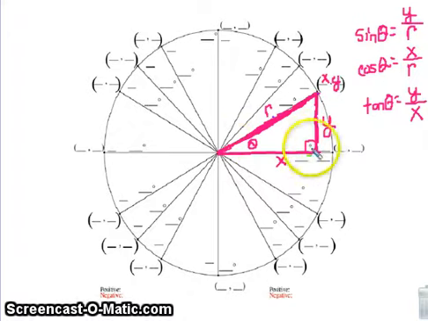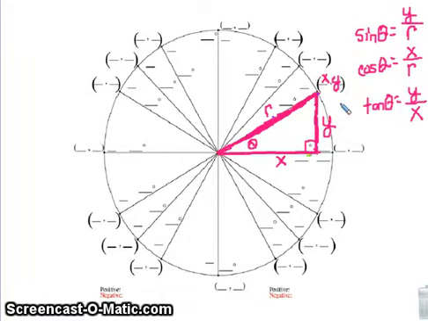We have an x which represents our adjacent side, and we use an x for this side because it's how far you go out on the x-axis. Here you have a y, and it's going to be your opposite from this particular angle because it's how far we go up on the y-axis, and we are going to use an r to represent our radius.